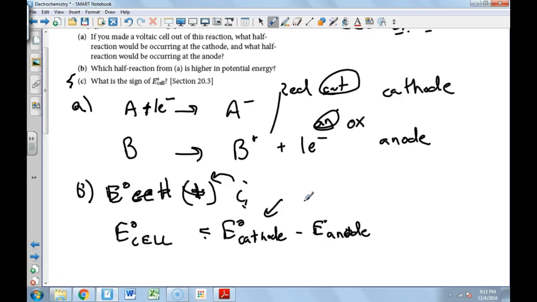If this were 1 volt, and this were 1.2 volts, it's going to be a negative value. So the anode value has to be less than whatever the cathode value is. So the higher potential must be the one for the cathode.